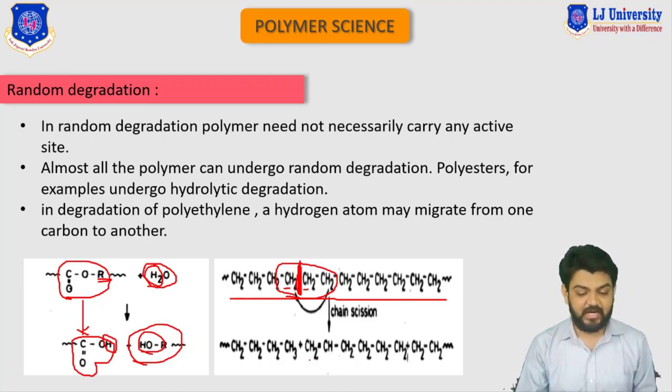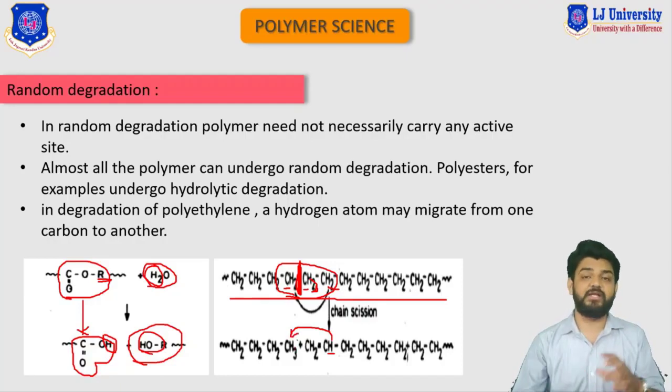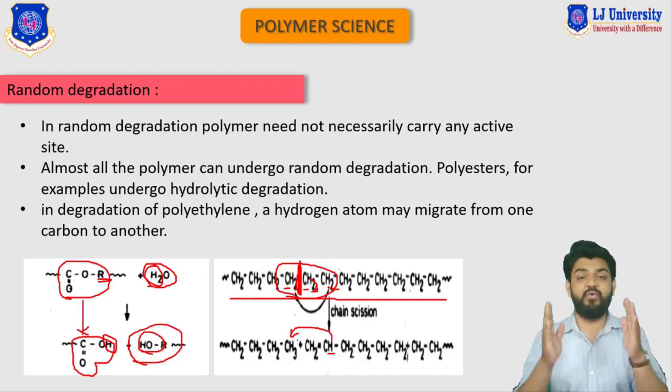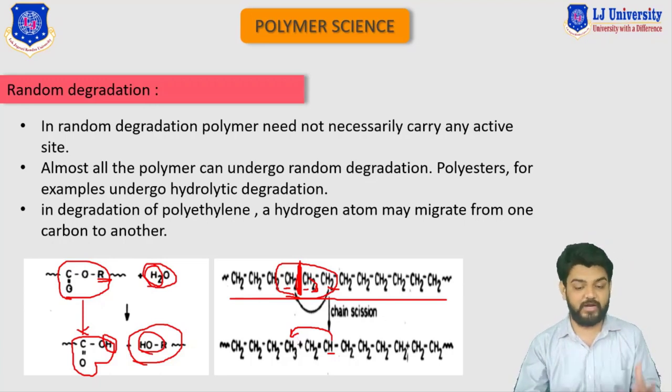You can see here this particular hydrogen is now shifted, so it will have a double bond like this. Here you can see that this particular hydrogen is now shifted from here to here. So we now have CH3 at this place, right? This shows that two carbon ions have migrated toward each other, and their respective hydrogen is shifted from one carbon to another carbon.